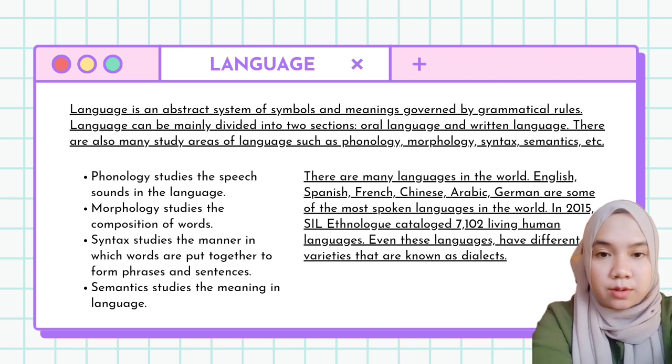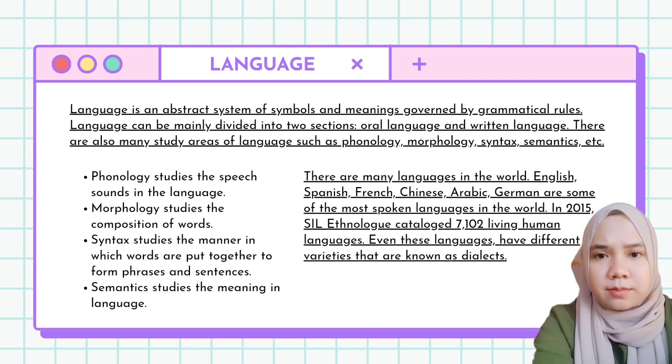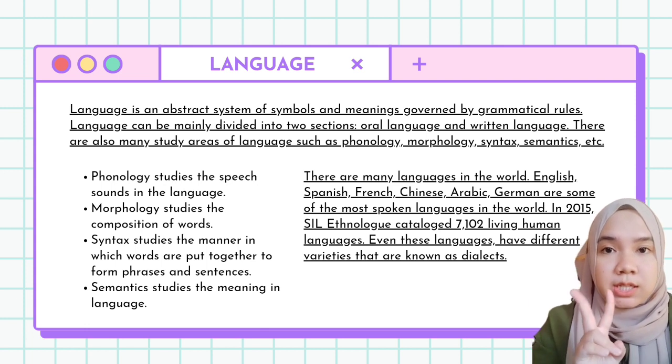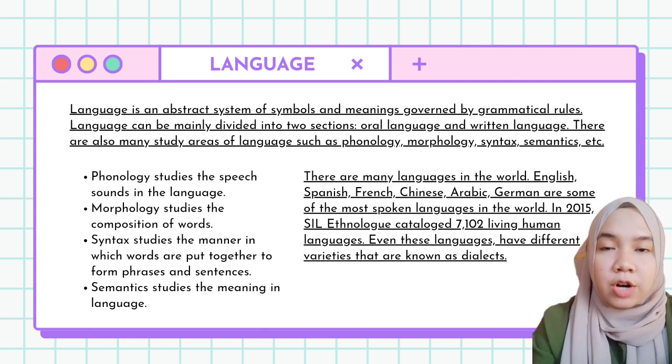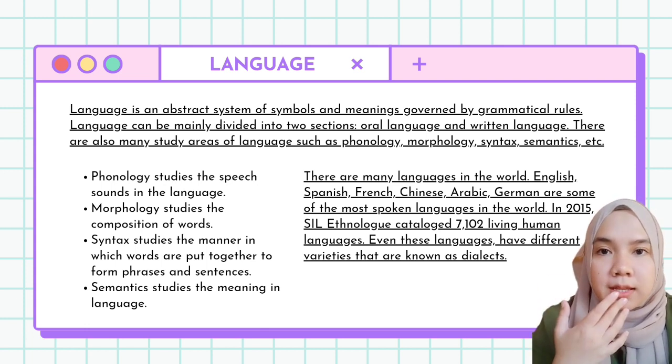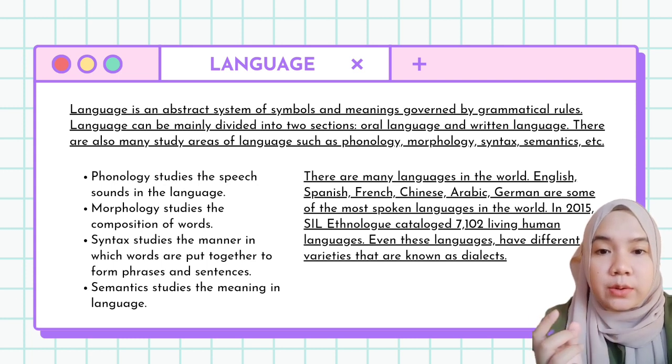Okay, the definition of language that I briefed in the introduction before is symbols and meaning governed by grammatical rules. Language can be mainly divided into two sections. The first is oral language, like when we speak, and written language.